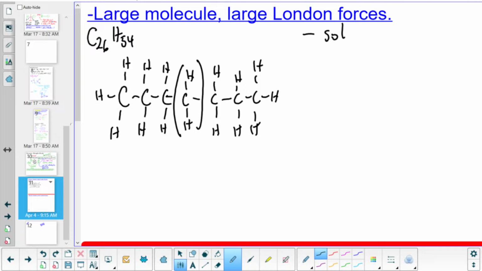This is a solid at room temperature and pressure. This is essentially candle wax. Non-polar.